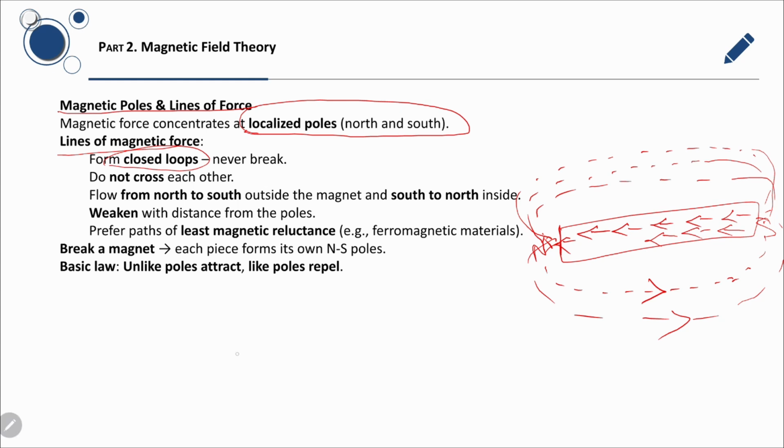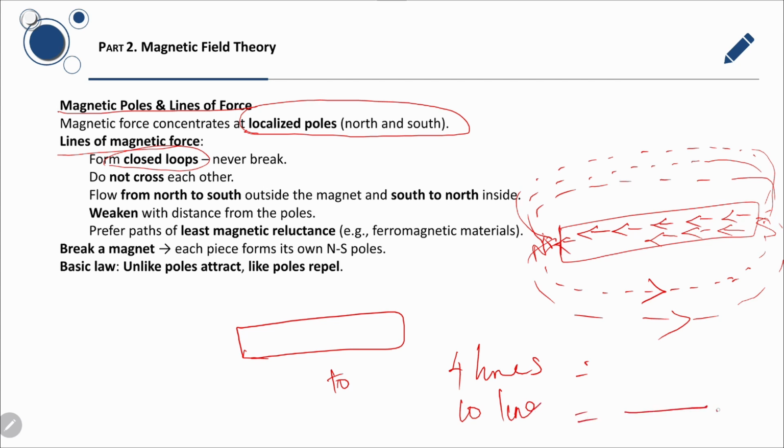A magnetic bar develops a total force equal to the sum of all its magnetic domains. The magnetic force is proportional to the number of lines. If there are only 4 lines, then the force is weak. If there are 10 lines, the force is very strong. So the force is based on the number of flux lines.